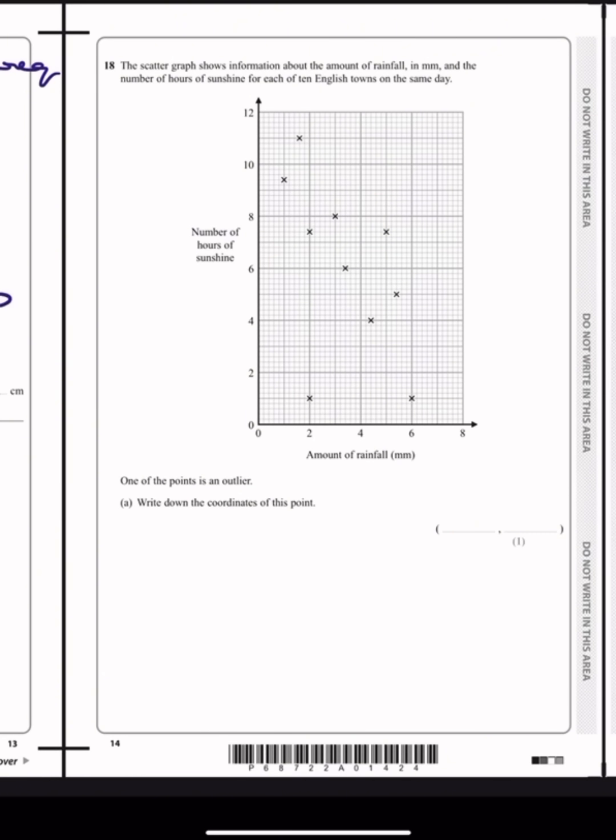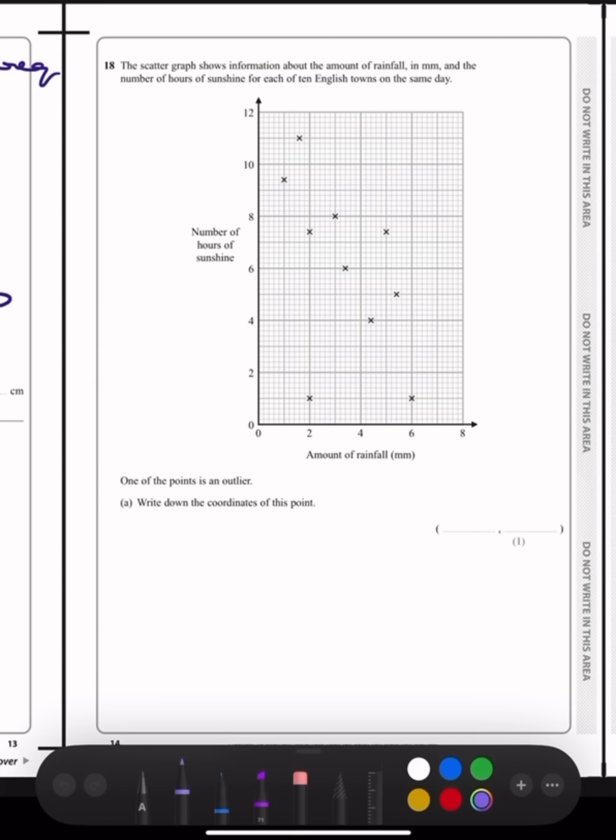So what does an outlier mean? An outlier is similar to what you call an anomalous result. In the simplest terms, it is the point most different to the others in the results.